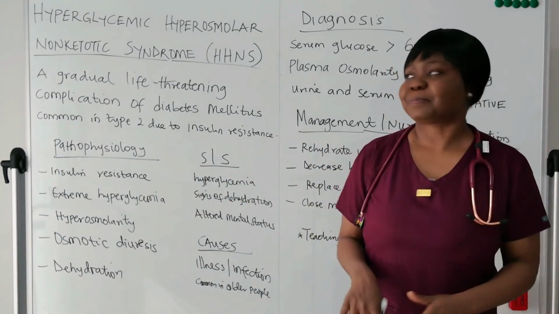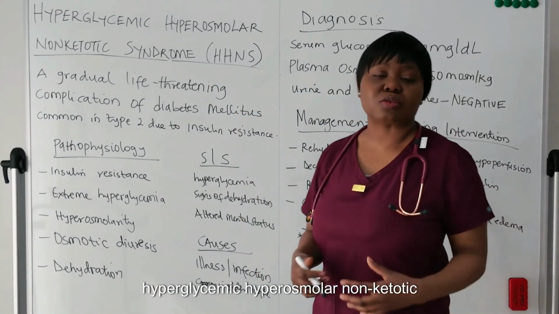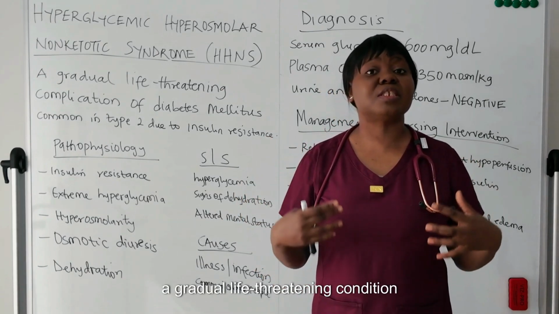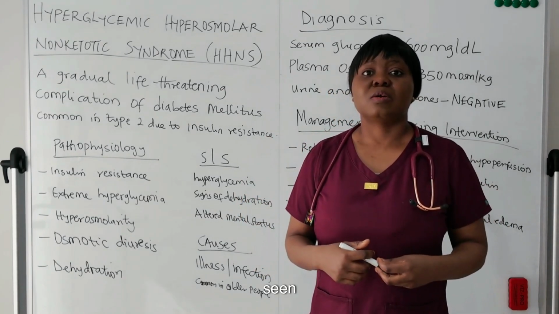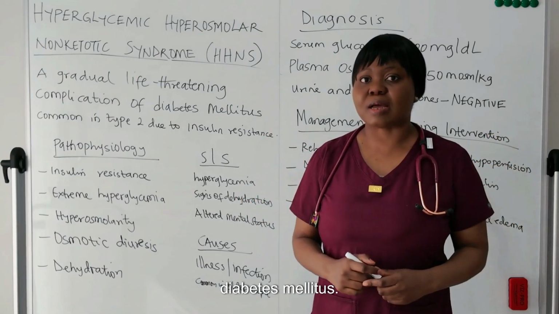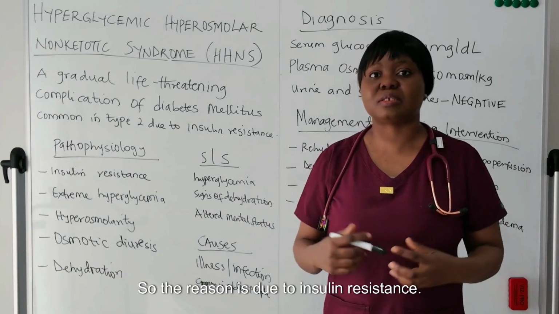So let's begin. Hyperglycemic hyperosmolar nonketotic syndrome, HHNS, is a gradual life-threatening condition seen with type 2 diabetes, so common with type 2 diabetes mellitus. The reason is insulin resistance.